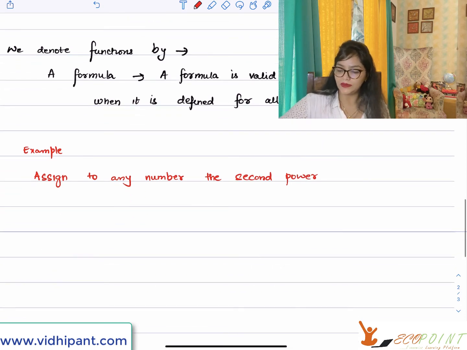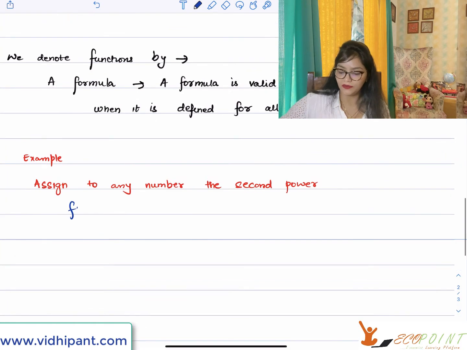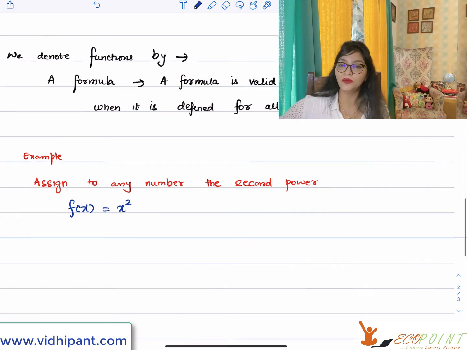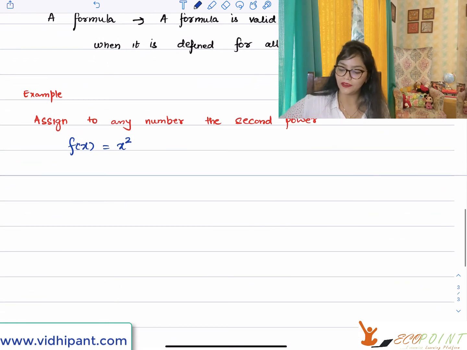This means that the function would be, if x is my input, then f of x, I'm saying give it power 2 or square it. So it's going to be x square. So x square will be the function.